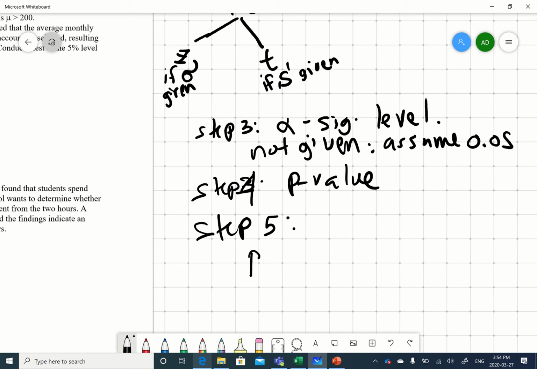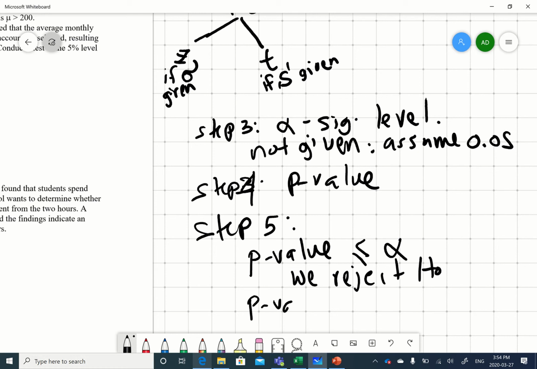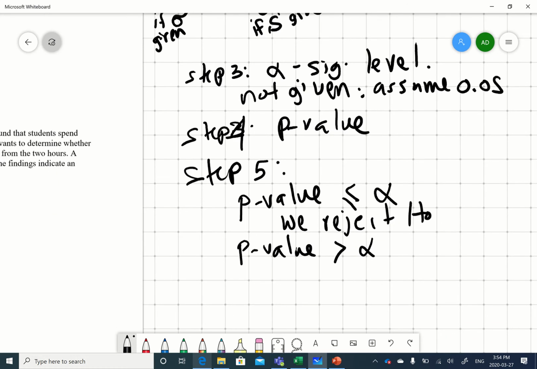So if the p-value is less than or equal to alpha, we reject H0. And if the p-value is greater than alpha, we do not reject H0.